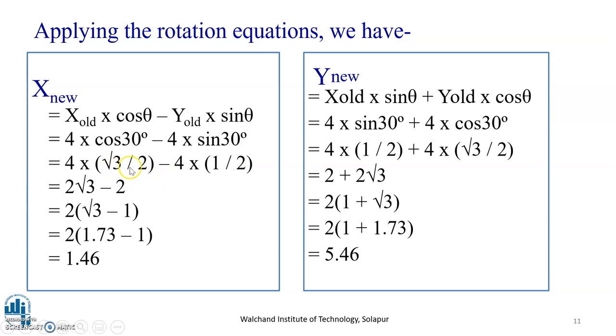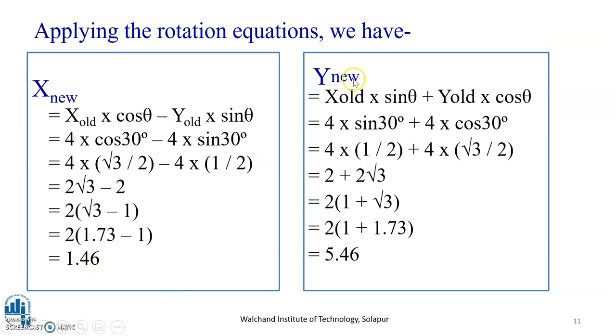So after multiplication, we get 2 root 3 minus 2. Having the bracket solved and taking 2 out in common, we have 2 into root 3 minus 1, that is 1.73 minus 1, and therefore we have the x new coordinate as 1.46.